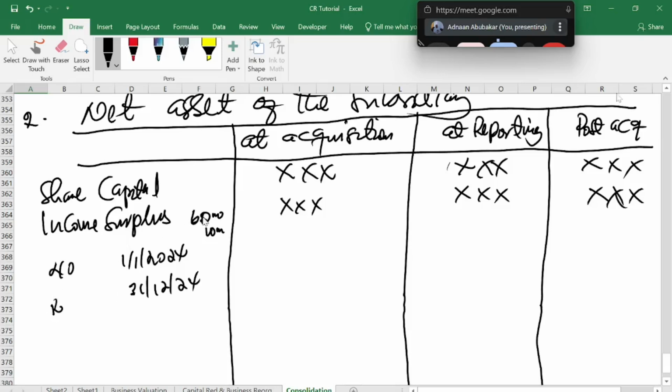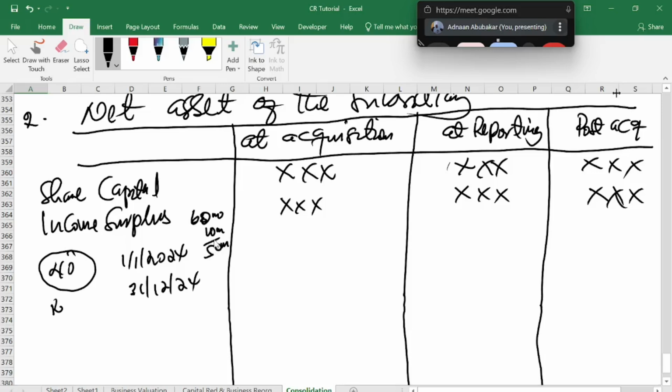So you realize that when they acquired the company at the beginning, the income surplus was 40, but at the end of the accounting year, they traded. So in the profit and loss account, they had maybe 50 million left after giving the shareholders dividend. So this 50 million becomes retained earnings. You take your portion.